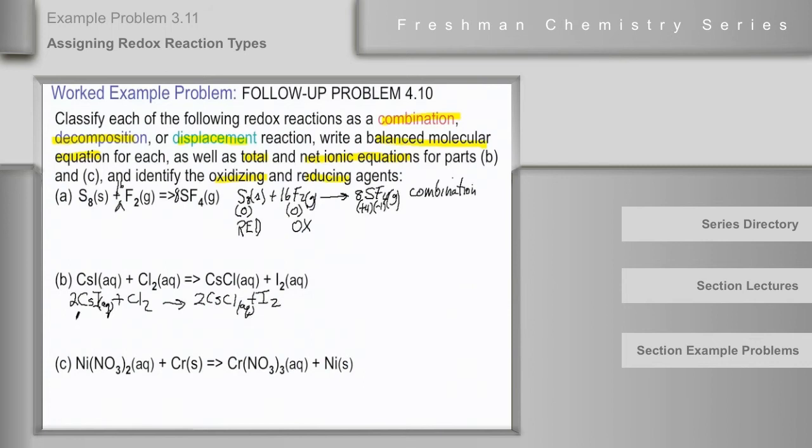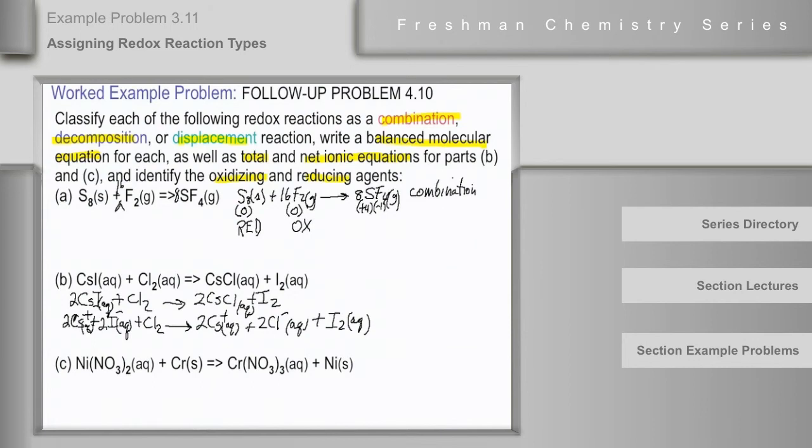To write the total ionic equation for this, we would recognize that 2 Cs+ aqueous plus 2I- aqueous plus Cl2 goes to 2 Cs+ aqueous plus 2Cl- aqueous plus I2 aqueous.